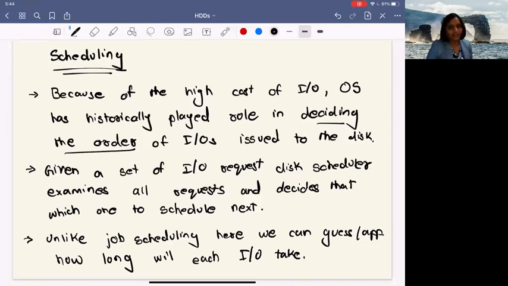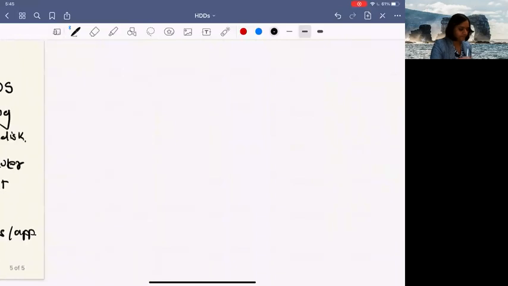The IO rate equation itself is equal to IO size divided by time. So if you know the IO rate and the size, then definitely you could calculate the time it would take. And just having that approximation of how much time it would take makes a lot of things in scheduling much easier than job scheduling.